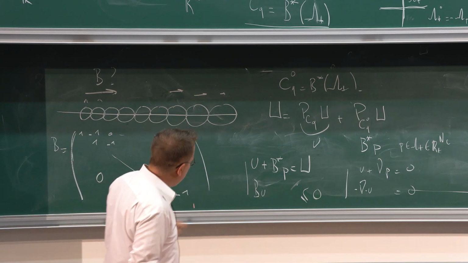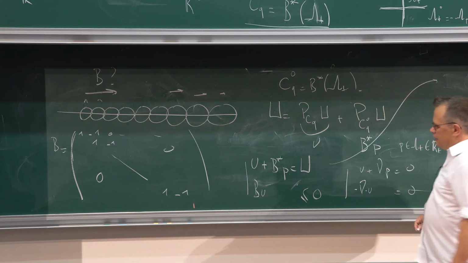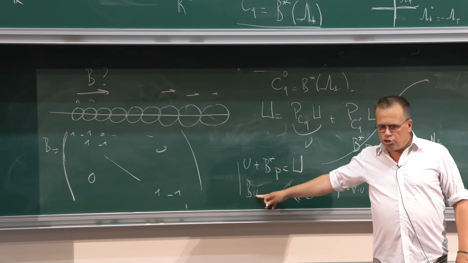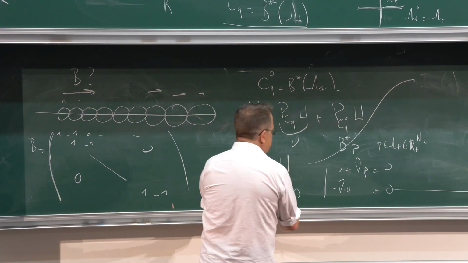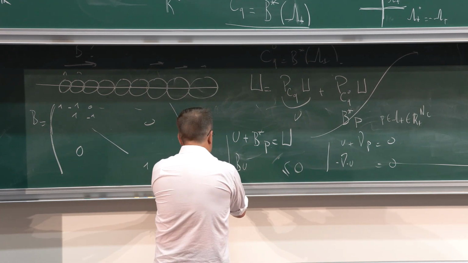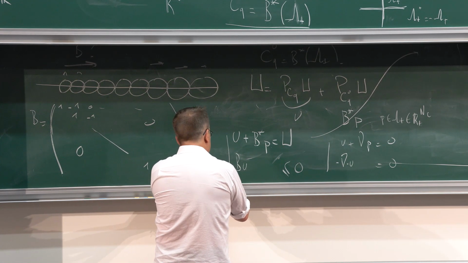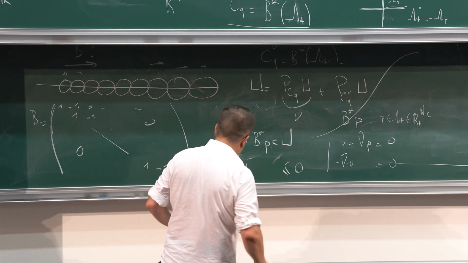When you have this system, what is interesting is if you consider that all constraints are active, meaning that I should have written here the fact that you also have what is called a complementary condition, BU dot P equals 0.